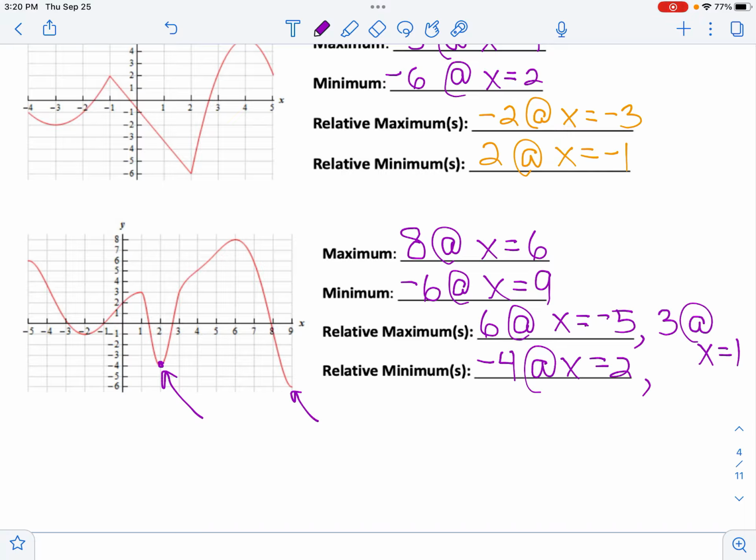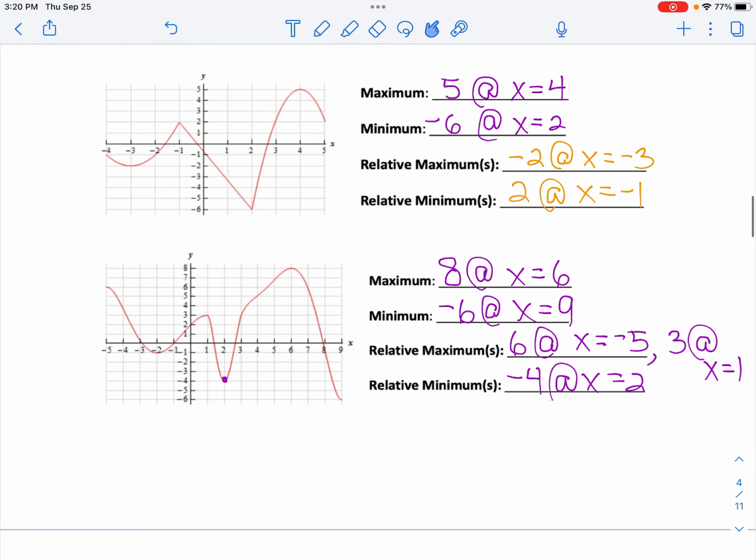And then my other one goes down to -6 at x equals 9. Oh no, that was my absolute minimum. So not that one. We already did that one, right? Okay, so I only have one relative minimum. All right. Hopefully that makes some sense.